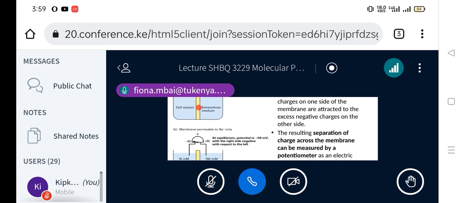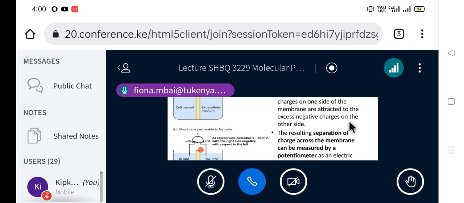The excess positive charges on one side of the membrane are attracted to the negative charges on the other side. So on this side here, I hope you can see the red dot, will be the excess chloride which have remained after sodium moved across the membrane over onto this side. So obviously, since they are opposite, the positive will remain attracted to the negative charges.